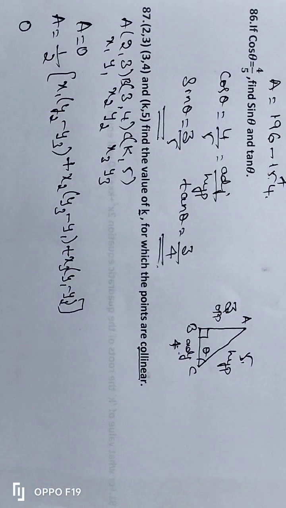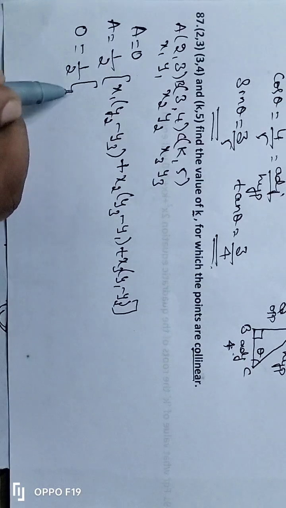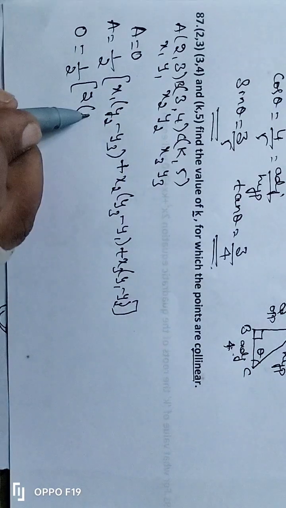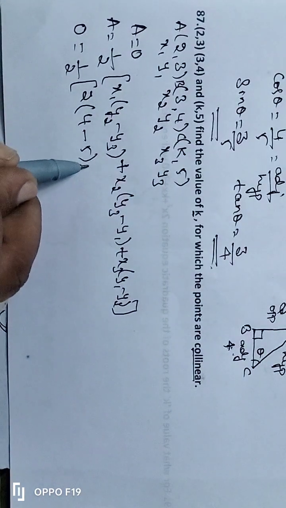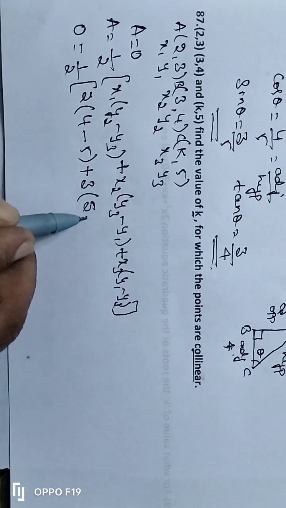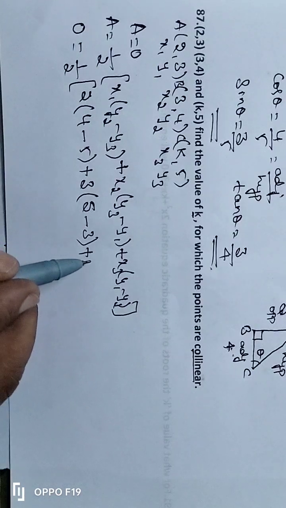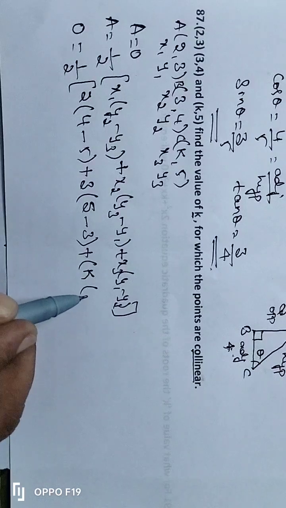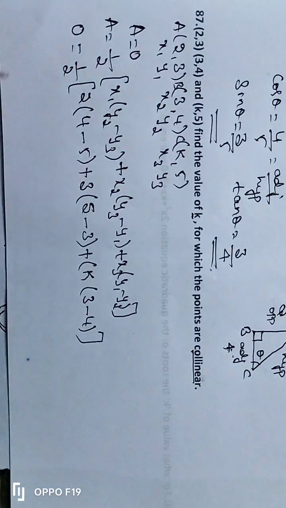Area is 0. So 0 is equal to half into, what is x1? x1 is 2, into what is y2? It is 4, minus what is y3? It is 5, plus what is x2? 3, into y3 minus y1, that is 5 minus 3, plus x3. What is x3? k. x3 is k, into y1 minus y2, that is 3 minus 4.